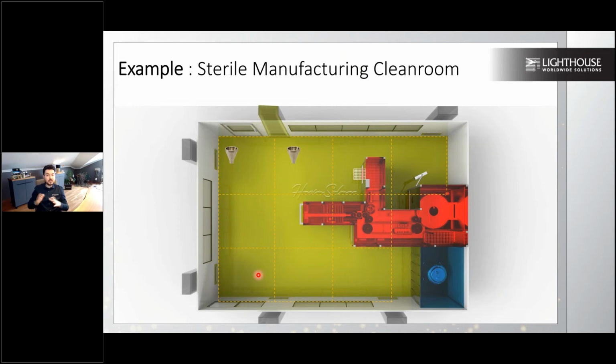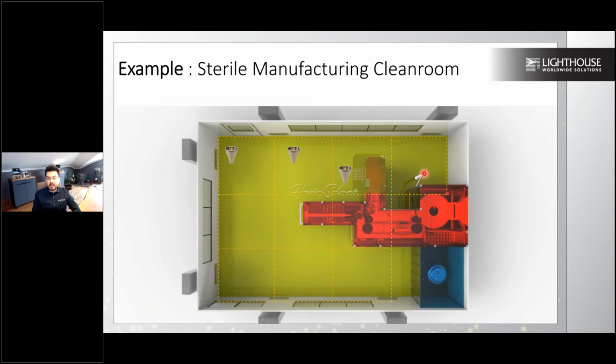And if I am within the limit in this particular location, this means my zone is safe. This is critical because operators are always moving around this machine, especially on this side of it during production. So I picked number 3 based on this information. Number 2 based on this return air expectation.